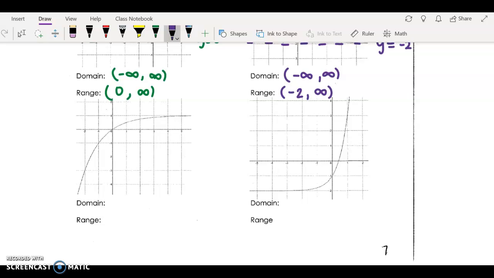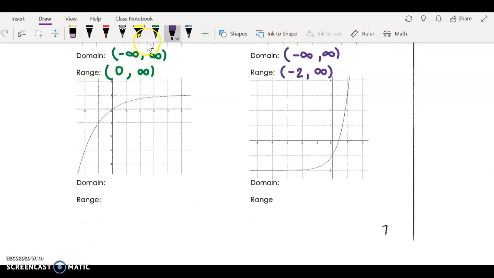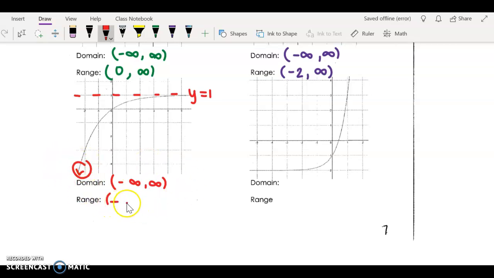Our next example, here's my asymptote at y equals positive 1. The domain is going to be negative infinity to positive infinity, and the range, again, we start with the bottom. The bottom of this graph points down to negative infinity. And then as I follow the graph, the top tops out at y equals 1.